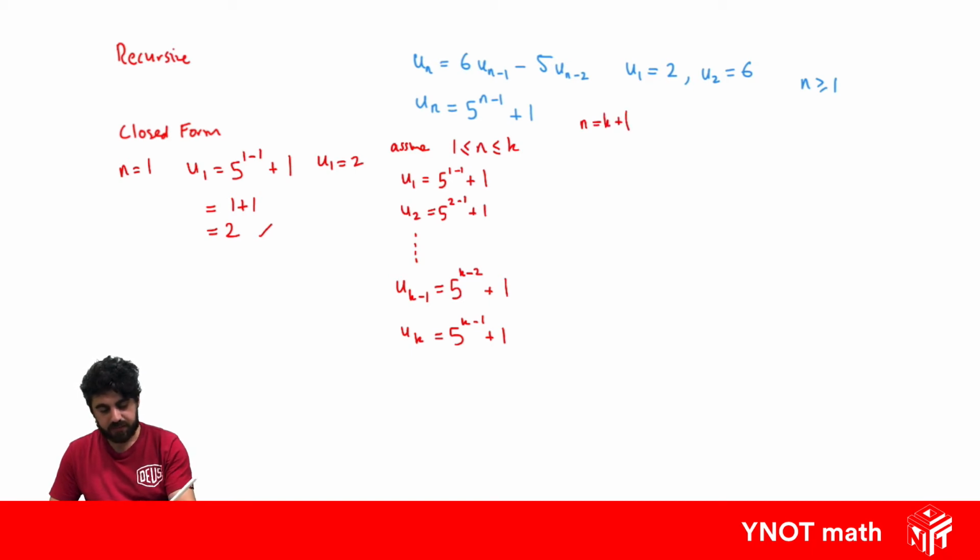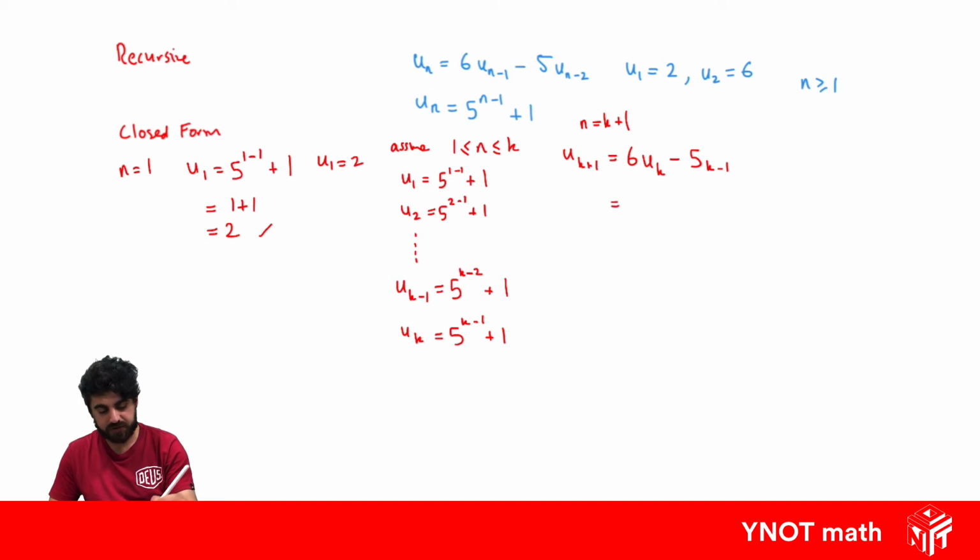So we're going to take our recursive definition and sub in n equals k plus 1. So we're going to get u_(k+1) equals 6 times u_((k+1)-1), so we're going to get u_k, minus 5 times u_((k+1)-2), so we're going to get u_(k-1).